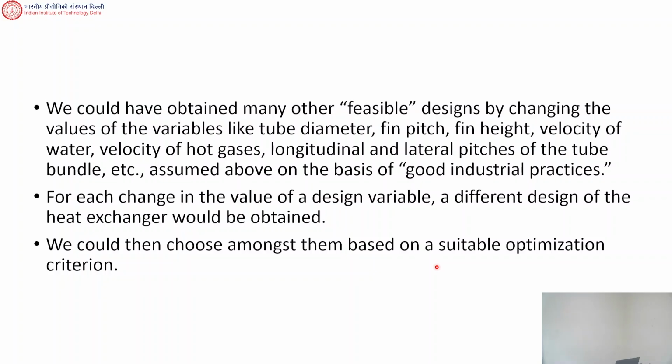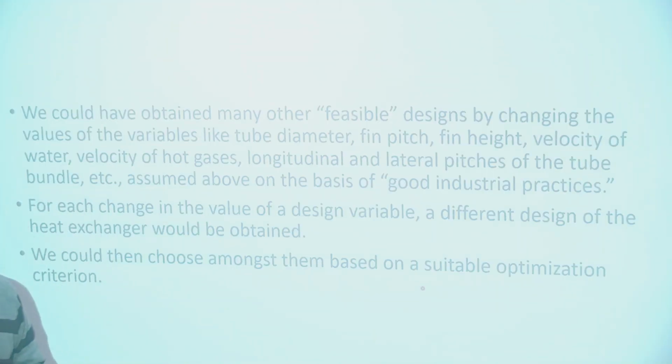Now here, the design that we have just now seen, if I give this problem to all of you individually, then your design will not be the same as his design, isn't it? Because you might make different choices when it comes to the tube diameter, the gas velocity, the water velocity, the number of tubes, the duct dimensions.